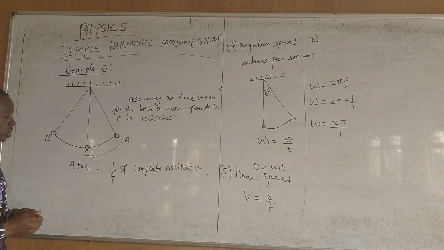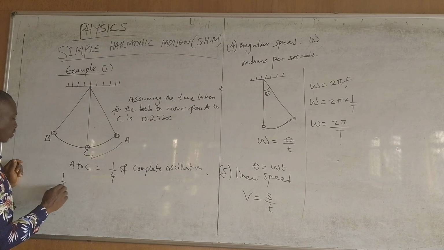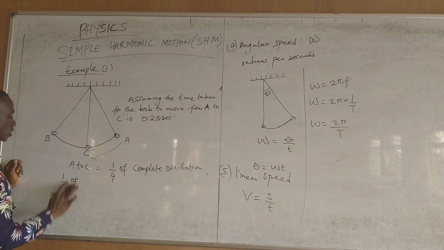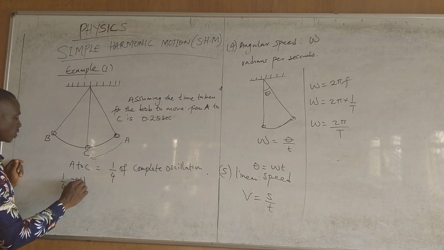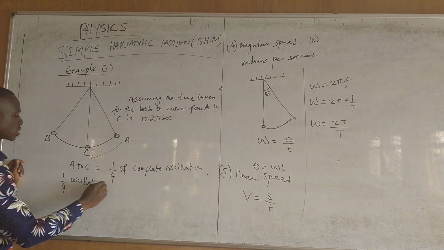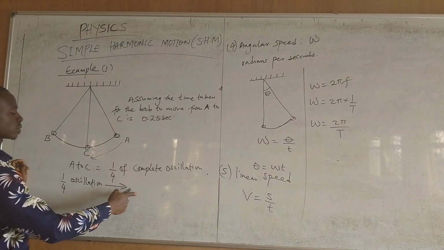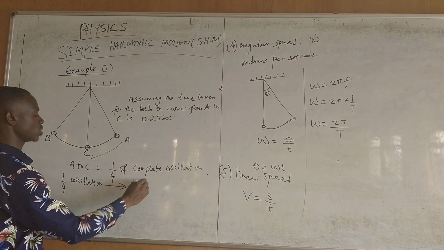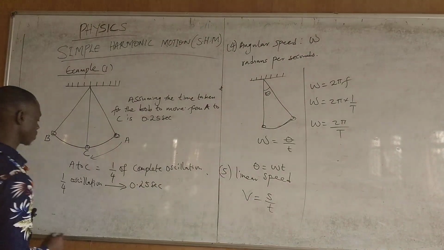Because that's our period. So 1/4 oscillation takes 0.25 seconds.